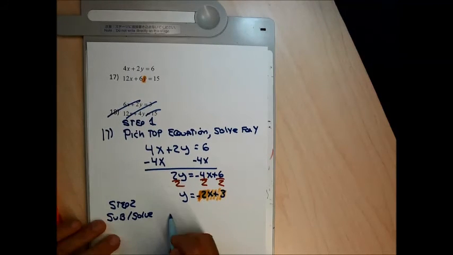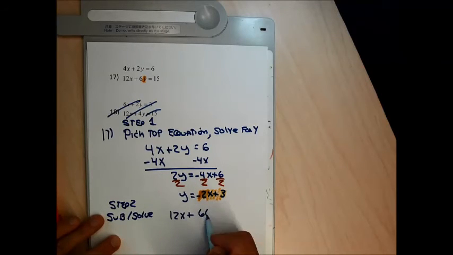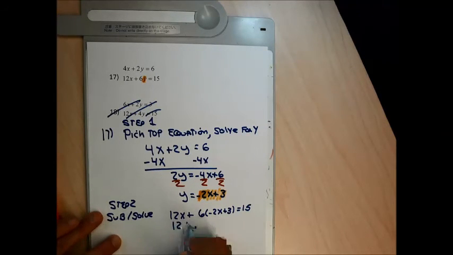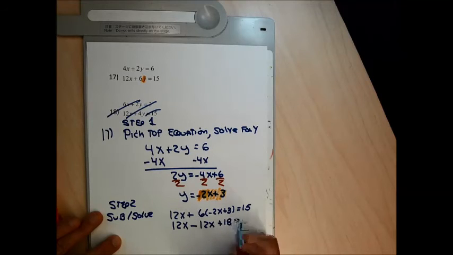I'm going to go 12x plus 6 times negative 2x plus 3 equals 15. That's going to give me 12x minus 12x plus 18 equals 15, because when you clear the parentheses, you go 6 times negative 2x and 6 times 3.